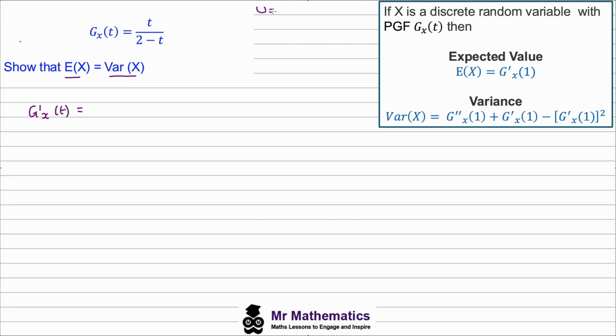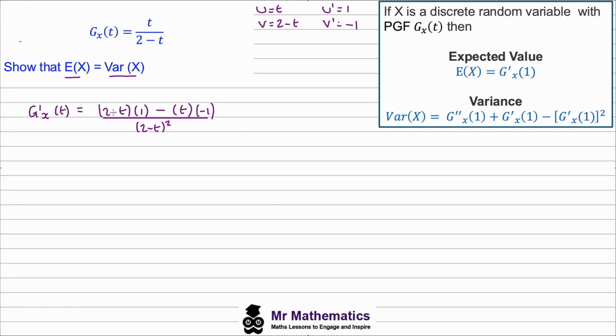If we let u equal t and v equal 2 minus t, then u prime will equal 1 and v prime will be negative 1. So we'll have v, 2 minus t, times du, minus u multiplied by dv, all divided by v squared, so 2 minus t squared.